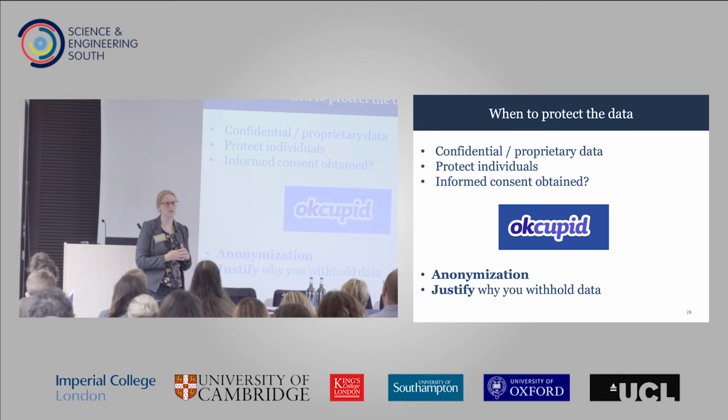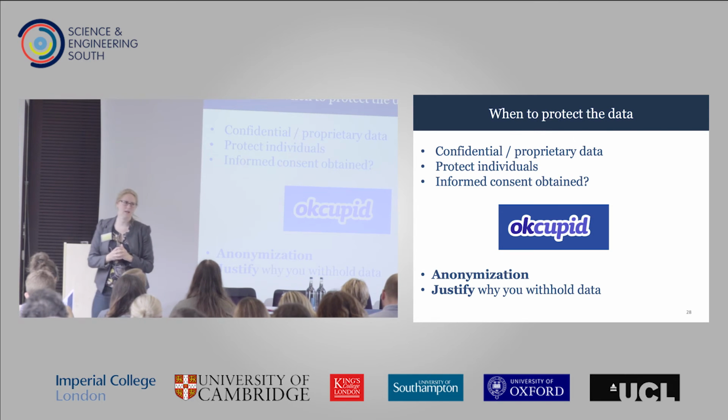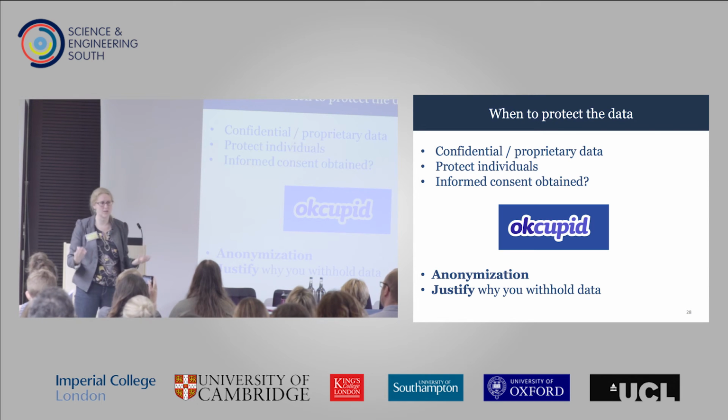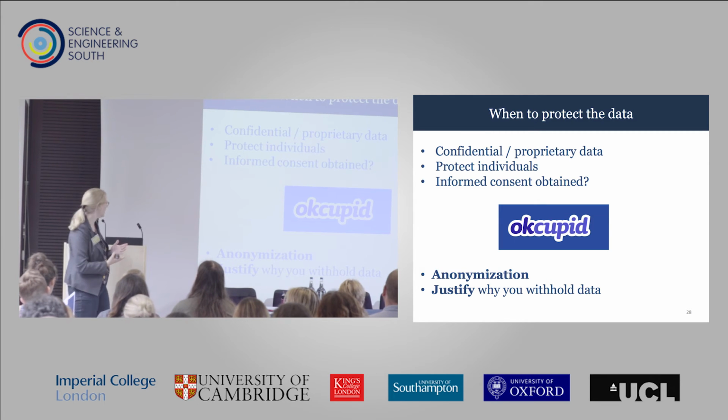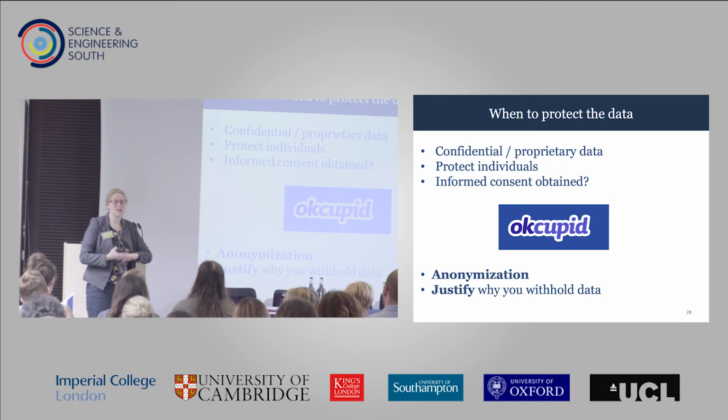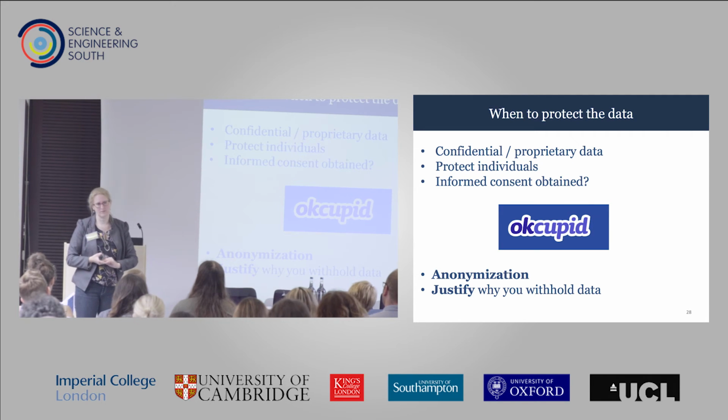So he had to take down the replication data file, and there was a big discussion on a very important topic, which is ethical considerations when you share your data. Along with that goes when you do have to anonymize and when you do have to withhold certain data, especially when you have patient data, it would be good to justify why you withhold the data.